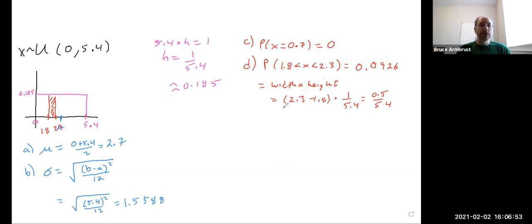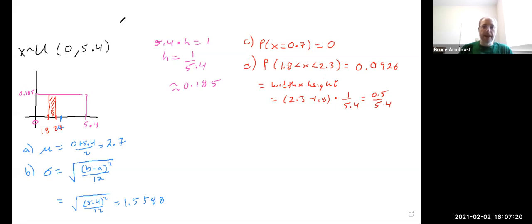All right, so the way to interpret this is that roughly 9% of the time, you have to wait between 1.8 and 2.3 seconds to see that wave crash on the beach. So when it comes to these probabilities, it's all about area. And for uniform, that just means areas of rectangles.